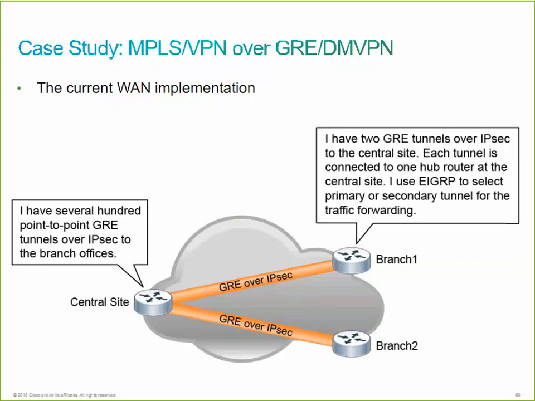We talked about all of those concepts previously. We also get the NHRP protocol to provide dynamic registration of the spokes, and routing protocols provide our IP connectivity between the sites. We have a highly available solution because we have two hubs, essentially. So we're going to do a dual hub, single DMVPN cloud.